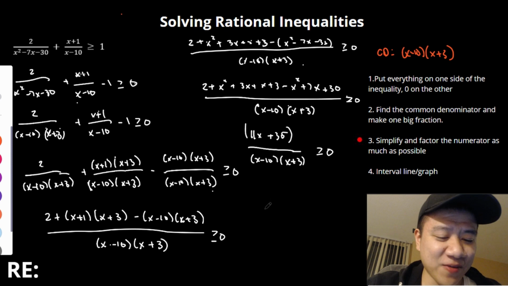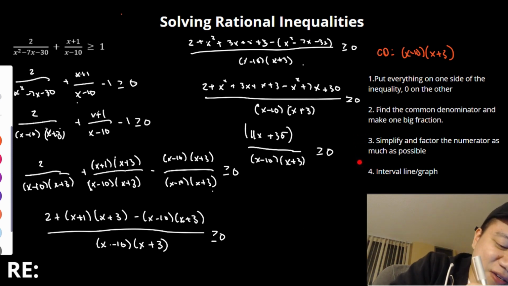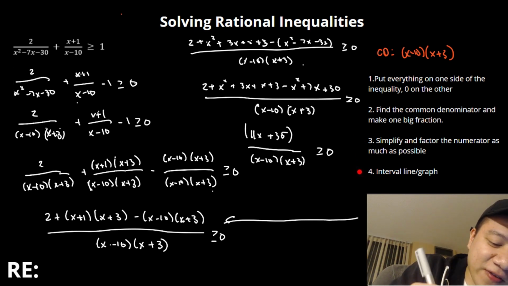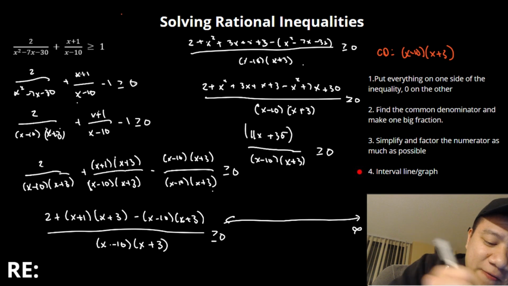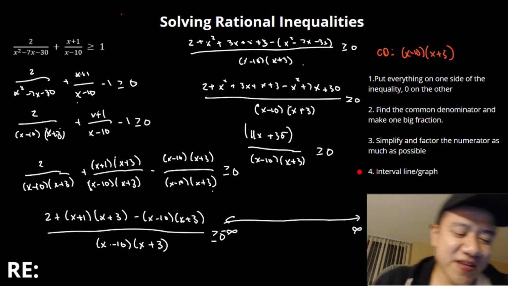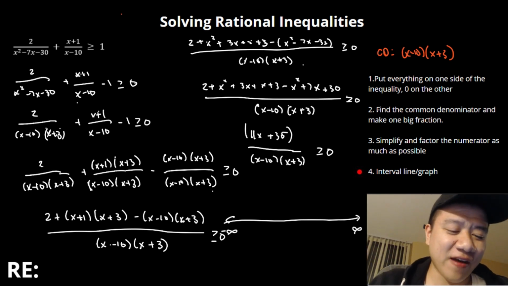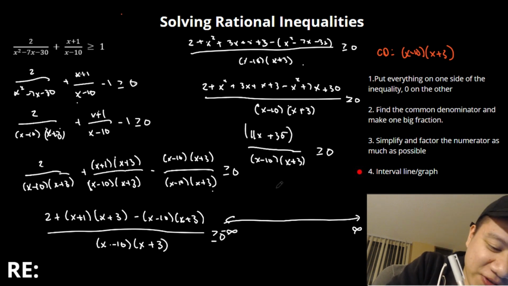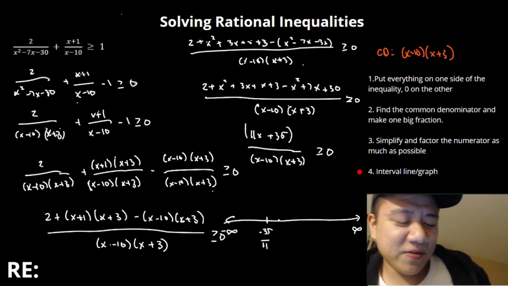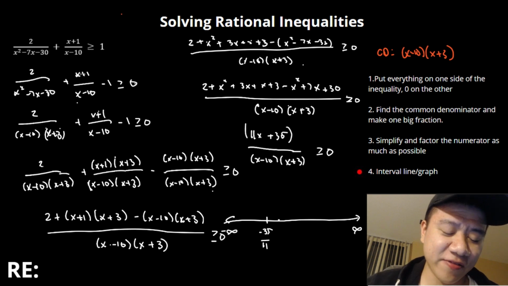Okay, so let's get on with our interval line. So we can put all this stuff over here. We include, in this case, -35 over 11, which is over here. Okay, -35 over 11. And then we also include our vertical asymptotes, -3 and 10.